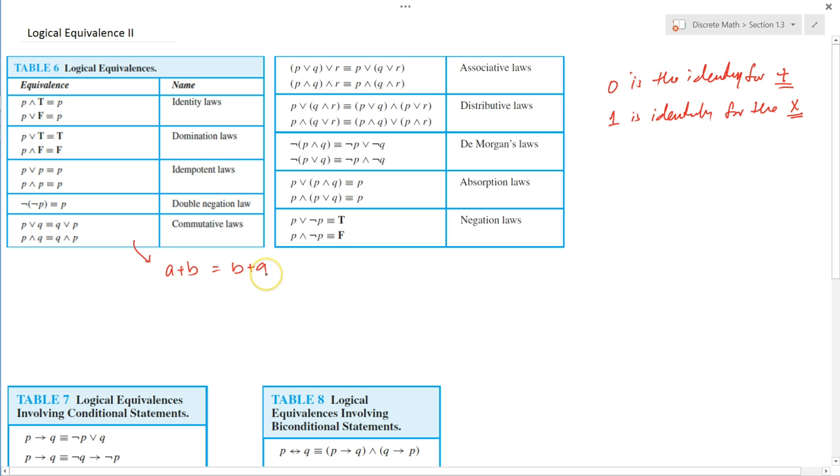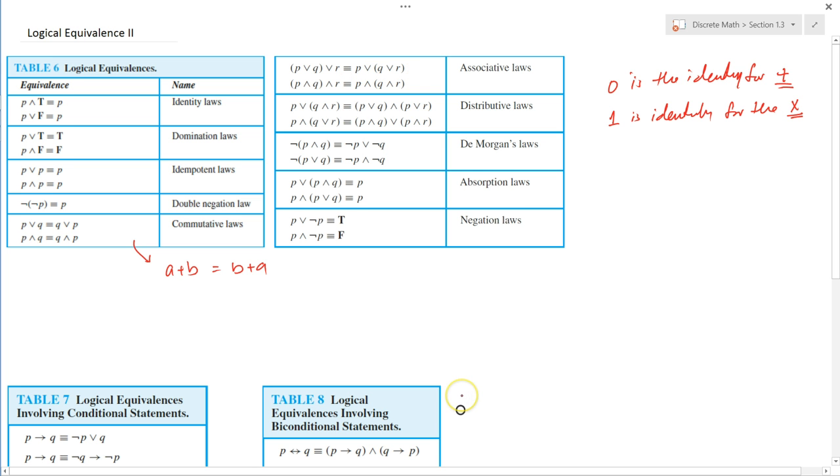So the same way, if you go and look further, the associative law is similar to the associative law in regular algebra. So in propositional logic, the associative law says that (P or Q) or R is equivalent to P or (Q or R), where on the left hand side the first two are done before the second operator, and on the right hand side the right part is done before the whole expression is computed.